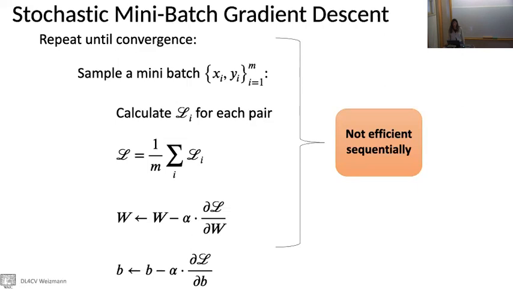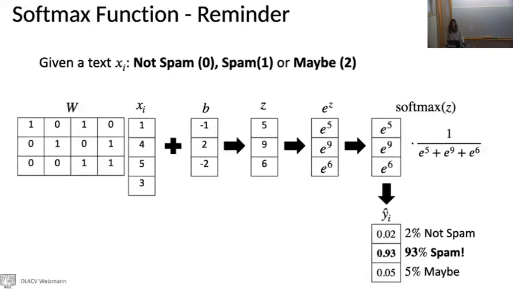So we want to make this much more efficient, and the way we do that is using linear algebra, and the fact that we can do matrix multiplication quickly, and using the GPU, it is even quicker.